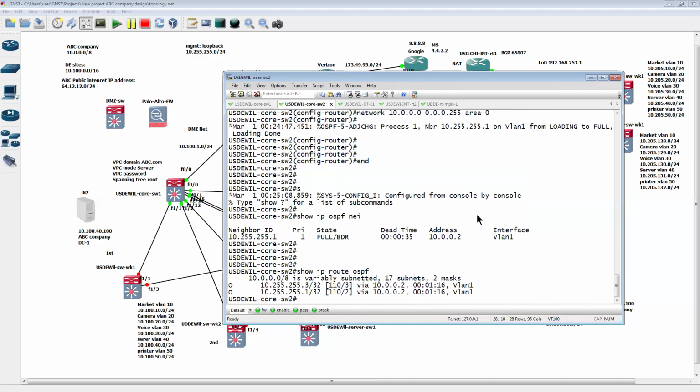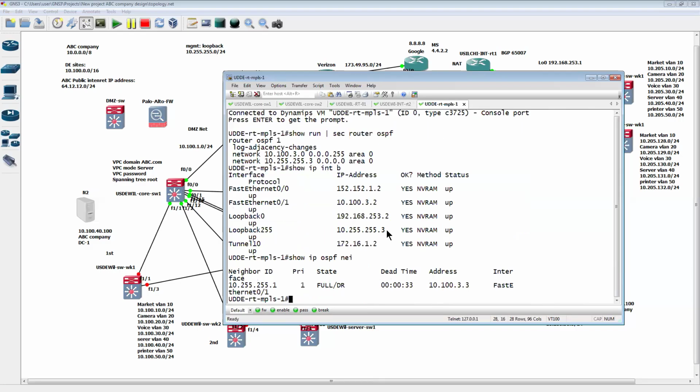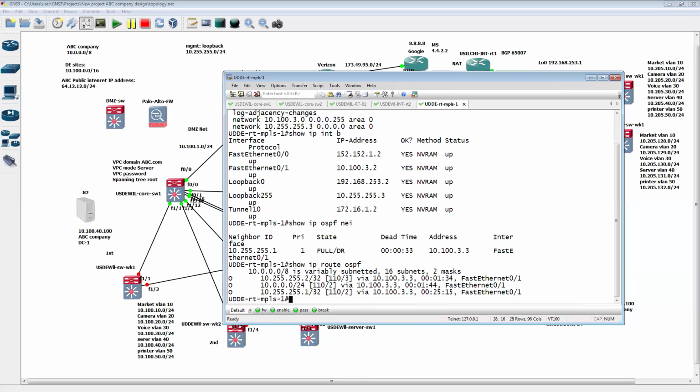Okay, so now this router, on the core switch to here, we are already learning 255.1, that is from the core switch here. And also we're learning this one, DAC3. Remember, who is the DAC3? This is the DAC3. Yep, this is beautiful. This is learning DAC3.